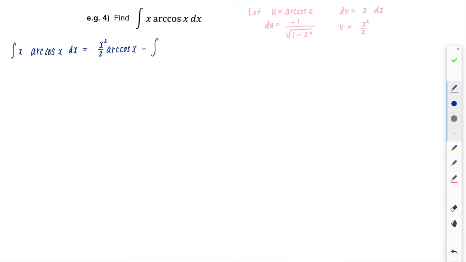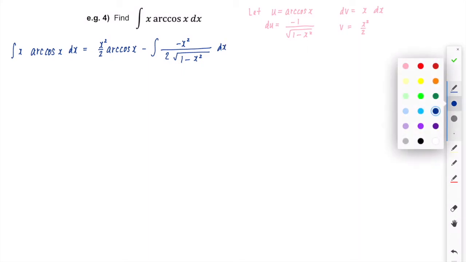So this is going to be negative x squared over 2 square root 1 minus x squared dx. I left out dx here. Okay. And then you go, well, doesn't that integral look more complicated than what we started with? Well, it depends on how you look at it.